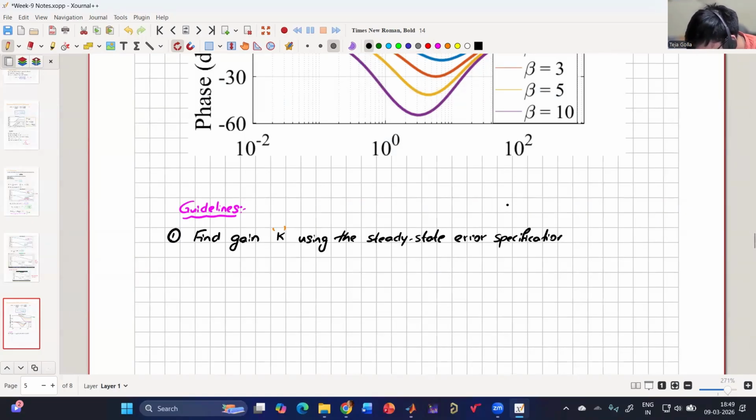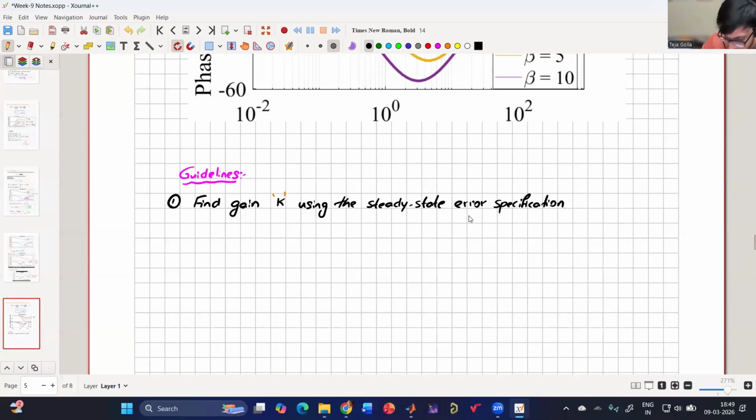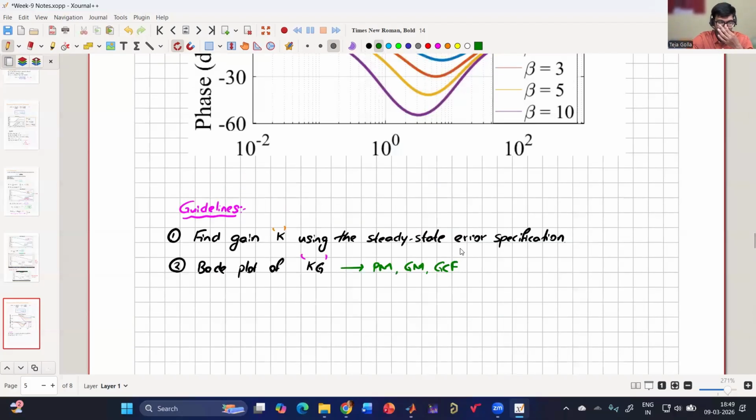Once we get this k, then we will draw the Bode plot, exact same Bode plot of k into g supplied, and then check the phase margin as well as gain margin and bandwidth, whatever we are getting. We'll check all the margins, gain margin, then gain crossover frequency. And based on that, we have to take a call.